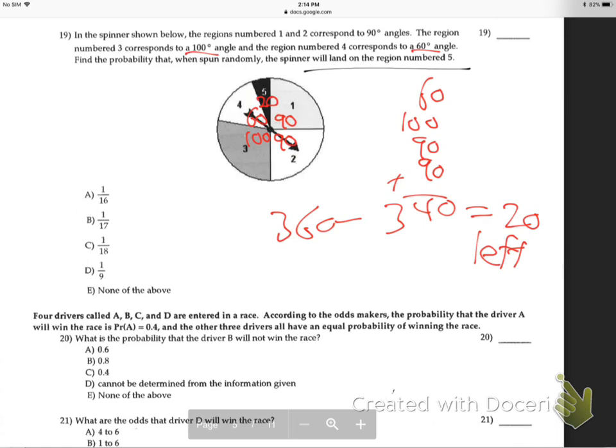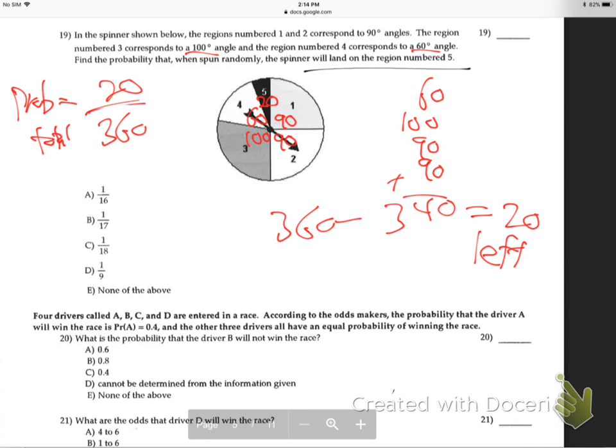So if you spin that spinner round and round she goes, what's the chance you're going to end up on region number 5? Probability always has total on the bottom. What's the total of the angle? 360, and on the top goes the 20. The probability you're going to land in region 5 is 20 degrees out of 360 degrees.